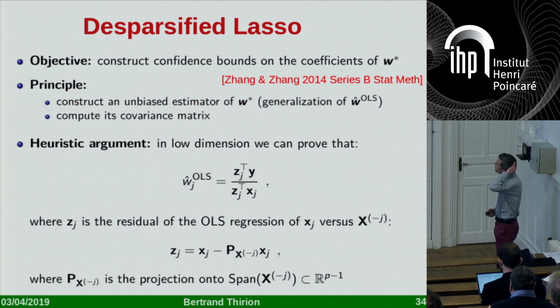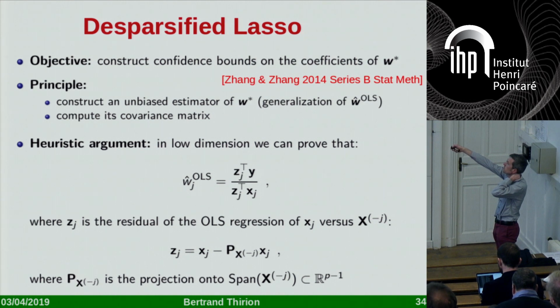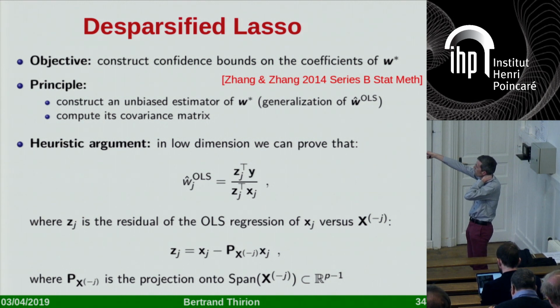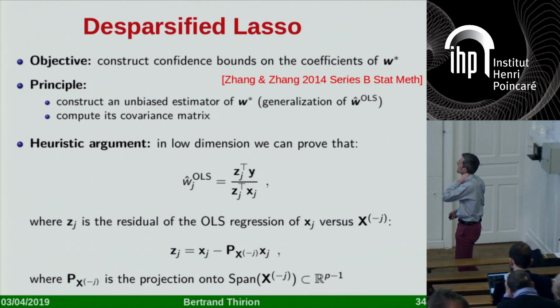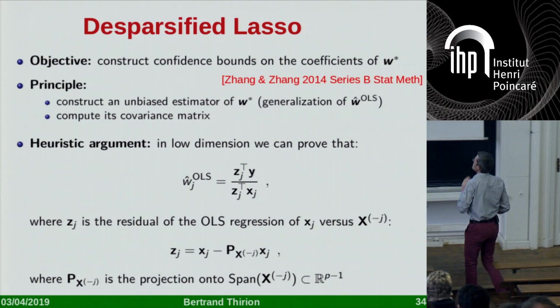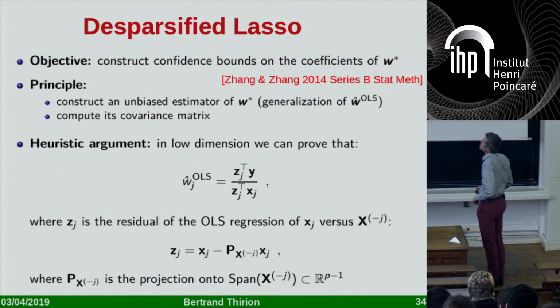Actually, if you go back to vanilla ordinary least squares, assuming that we are in a well-posed case, we can write the solution, the weight vector, as zj.y divided by zj.xj, where zj is the residual of the regression of xj on the remaining regressors, so all regressors but xj. And this is a key to generalize to high dimension.